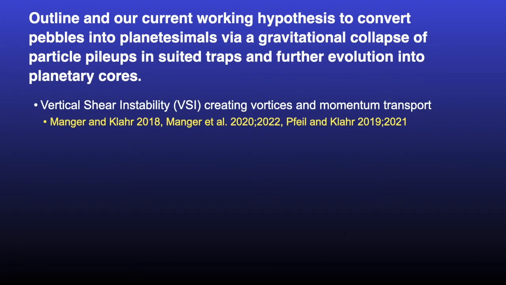This is work published by Natascha Manger, a former student and current postdoc collaborator of mine, as well as Thomas Pfeil, who is now a PhD student at the University of Munich.